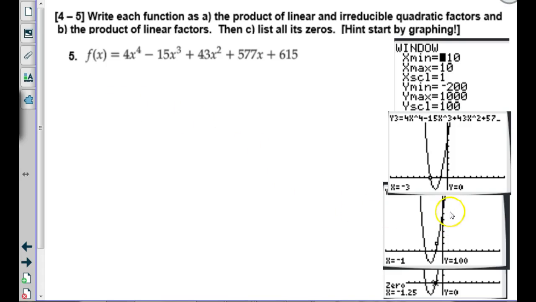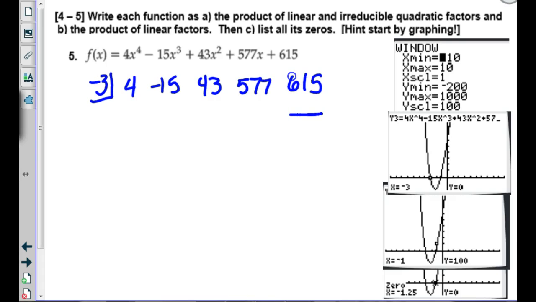All right, so I graphed it. I got a 0 at negative 3. 4, negative 15, 43. Oh, please tell me someone has a calculator ready to help me here. Bring down the 4. Times negative 3 is negative 12. Add is negative 27. Multiply is 81.